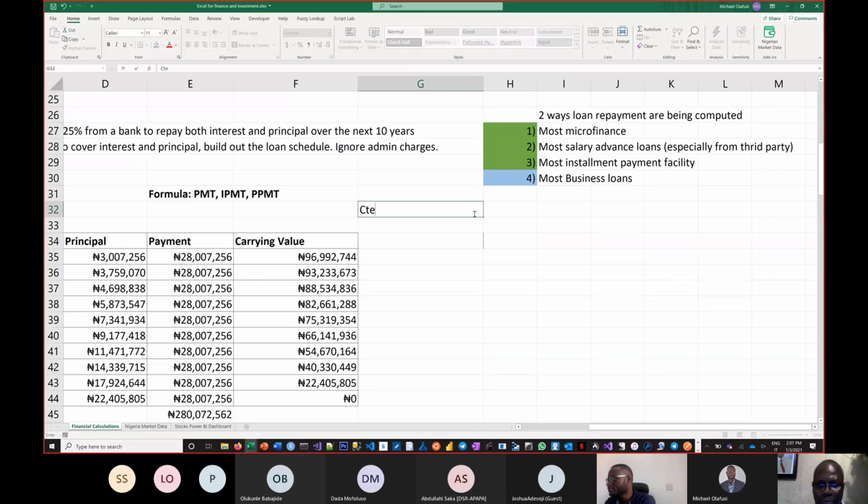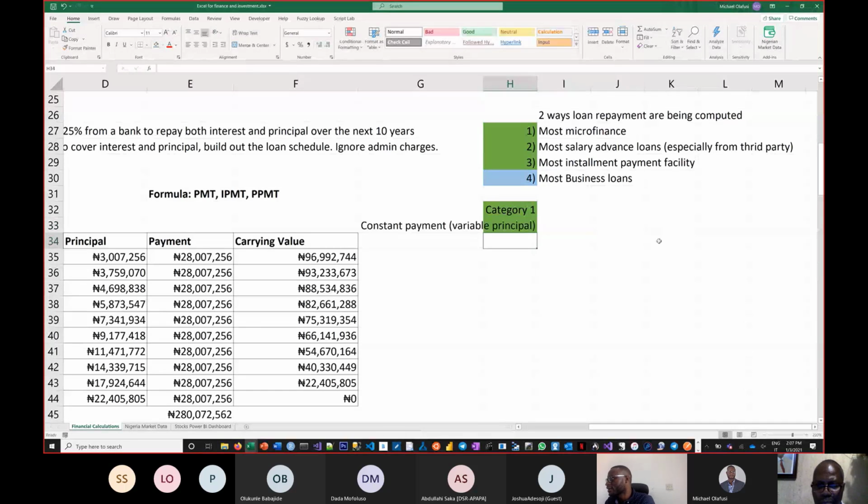Category one is constant payments, which you could also call the variable principal type of loan. These green ones are usually where they fall.